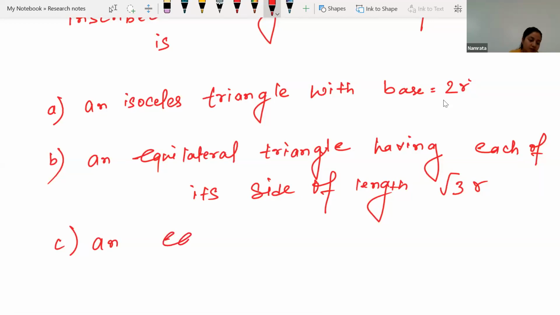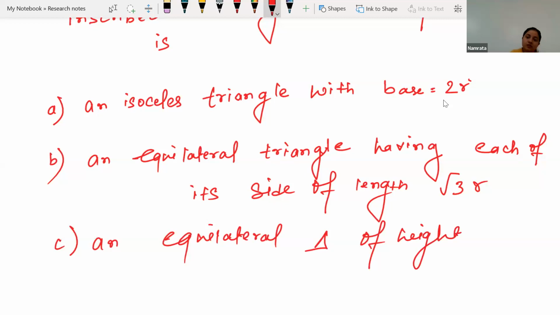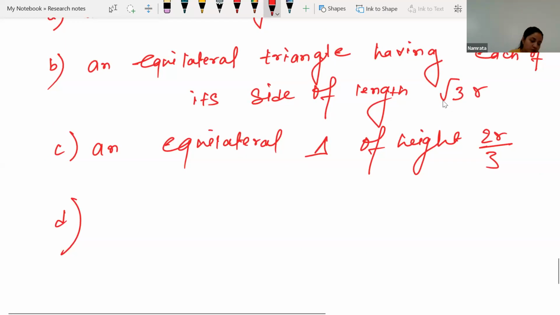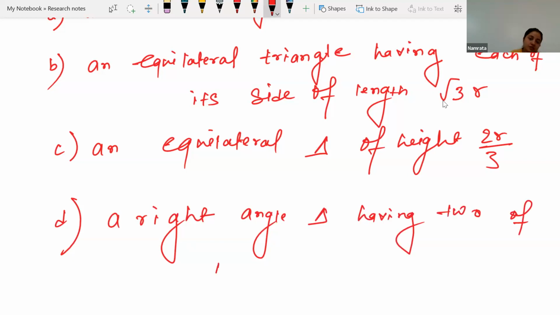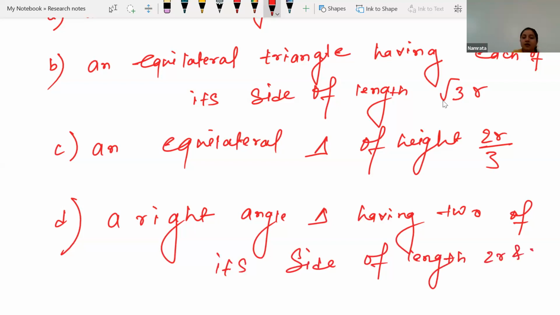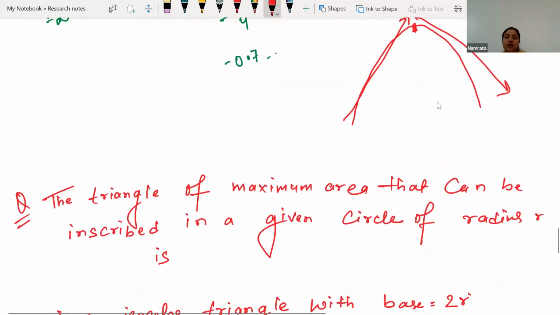Next one is an equilateral triangle of height 2r by 3, and option D, a right triangle having two of its sides of length 2R and R. These are the options we have.